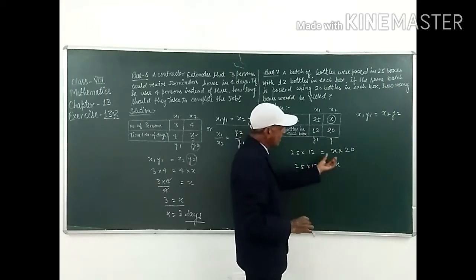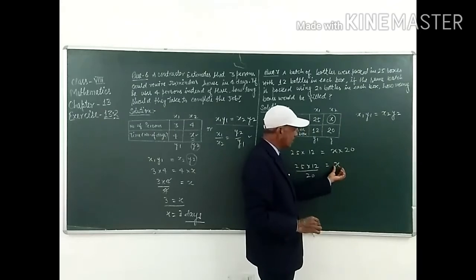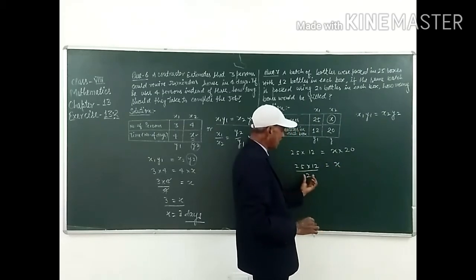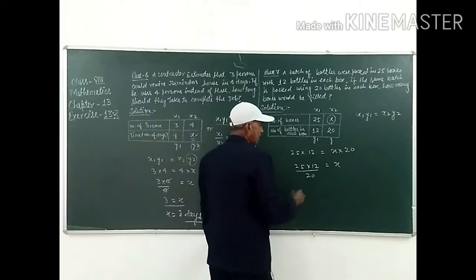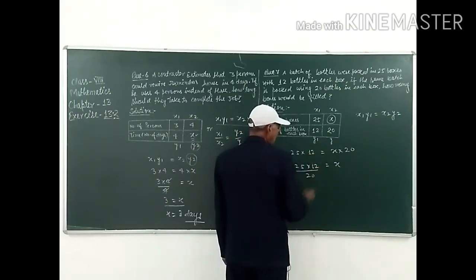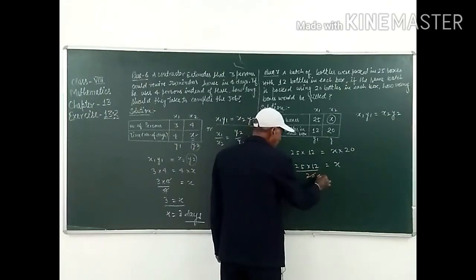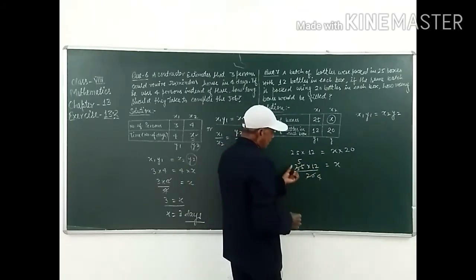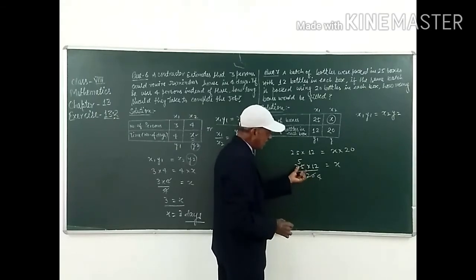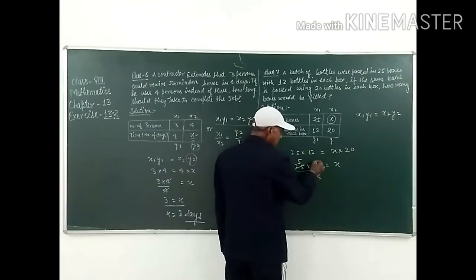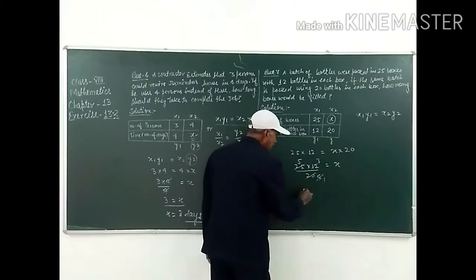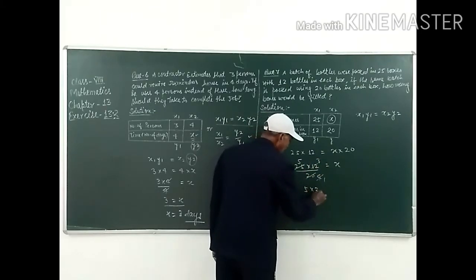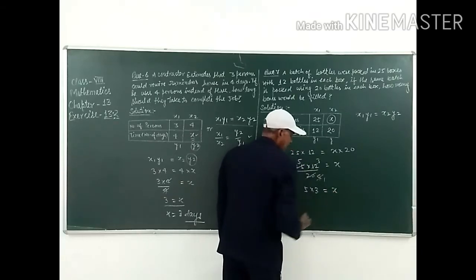Students, 20 is multiplying here, when we take it to the left hand side it will be divided on transposing. So it will be 5 4s are 20 and 5 5s are 25. We have reduced these numbers by 5. So 5 5s are 25, 5 4s are 20. Again this one 12 and this one 4, 4 1s are 4, 4 3s are 12. So 5 into 3 is equal to x.